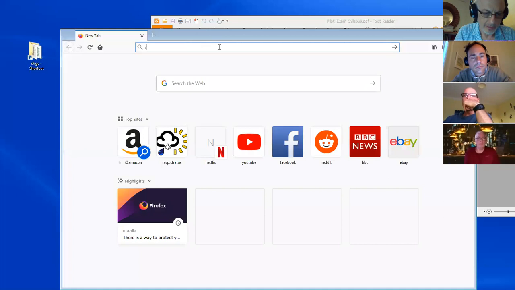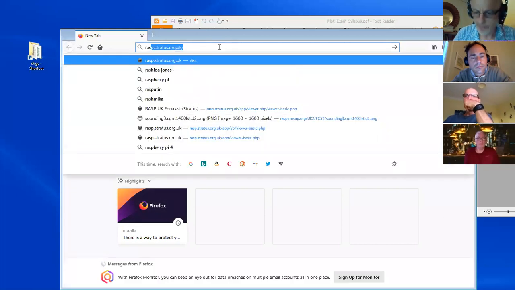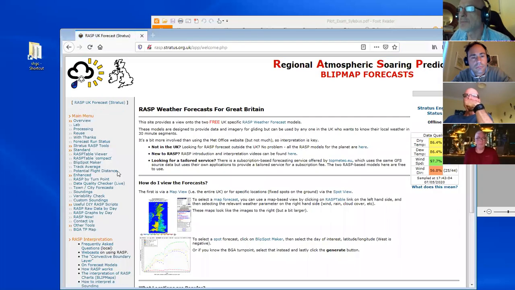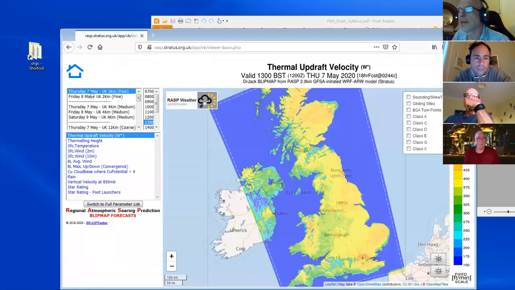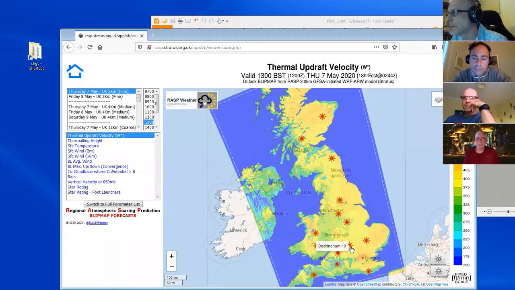Oh, that closed the wrong window. Okay. Right, so RASP compact. Today we'll take 1 o'clock, lunchtime. Soundings. So you want Buckingham, this one, Cambridge, yeah?